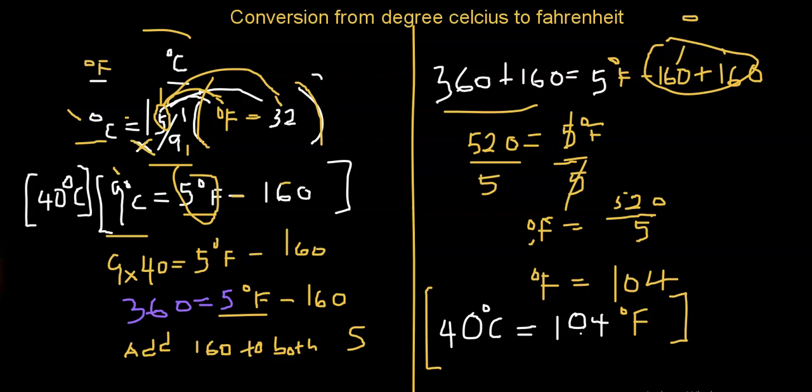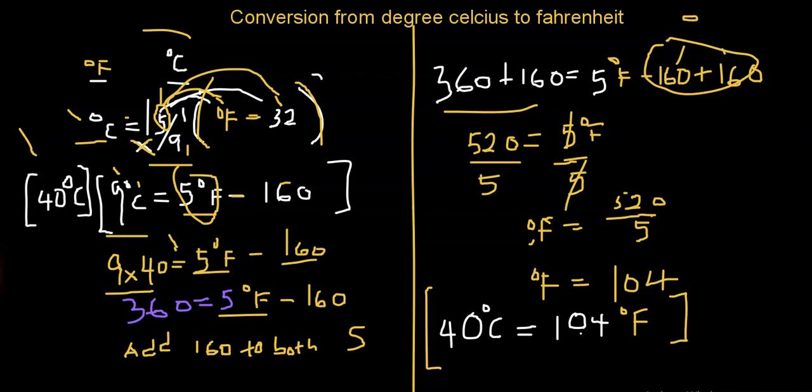Since we're given degree Celsius to be 40, we simply substituted 40 in place of degree Celsius, which is 9 times 40 is equal to 5 degrees Fahrenheit minus 160.